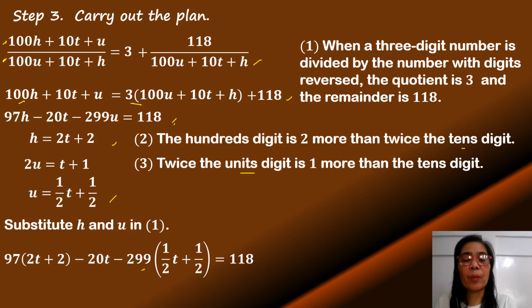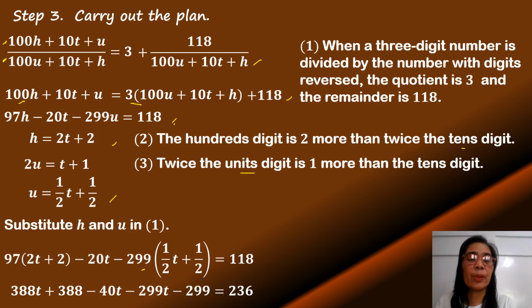Again, to get rid of this fraction, we can just multiply the equation by 2. And simplifying, removing the grouping symbols, that will give us now 388t plus 388 minus 40t minus 299t minus 299 is equal to 236.